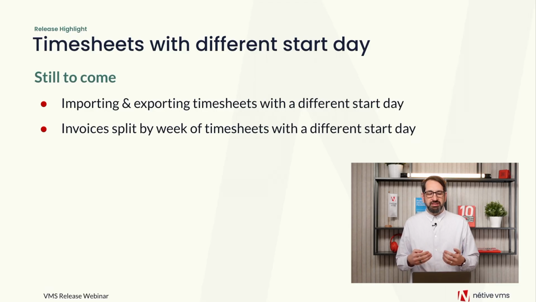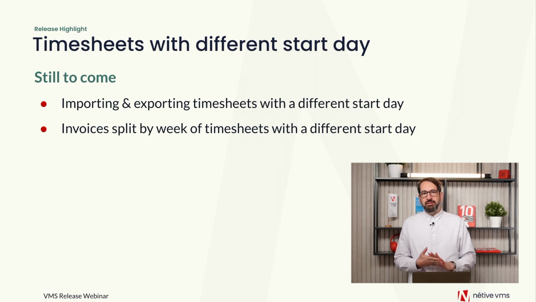The second thing is that if you use invoices that are split up by week, they will always be split up using Monday as the start day. So that will not play nice with timesheets that are not starting on Monday.